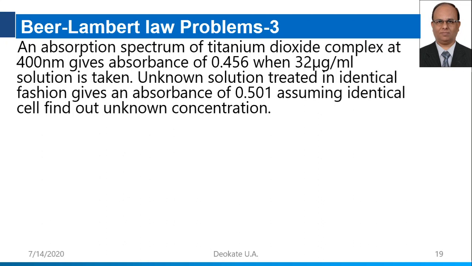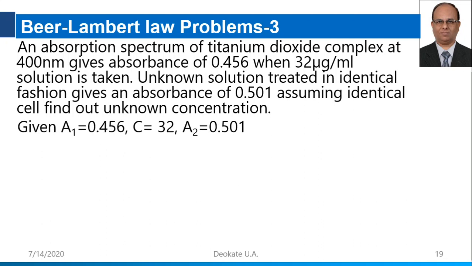Read the problem once again and find out what is given. We have A1, the absorbance of the first substance, that is 0.456. Then we have the concentration, that is 32. Then we have the absorbance of the second substance, that is 0.501, called the unknown.